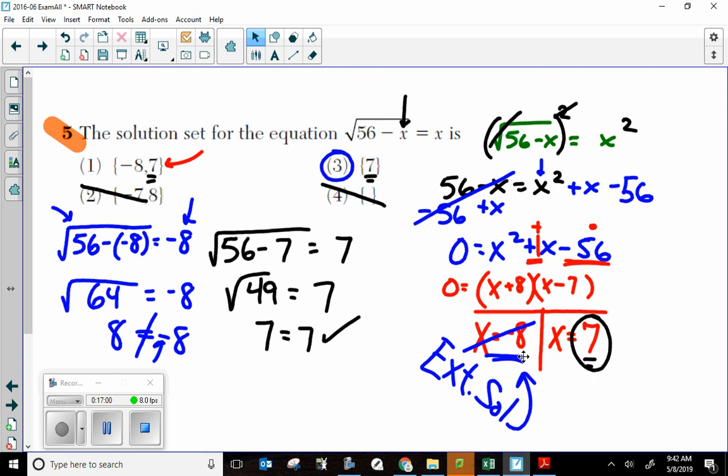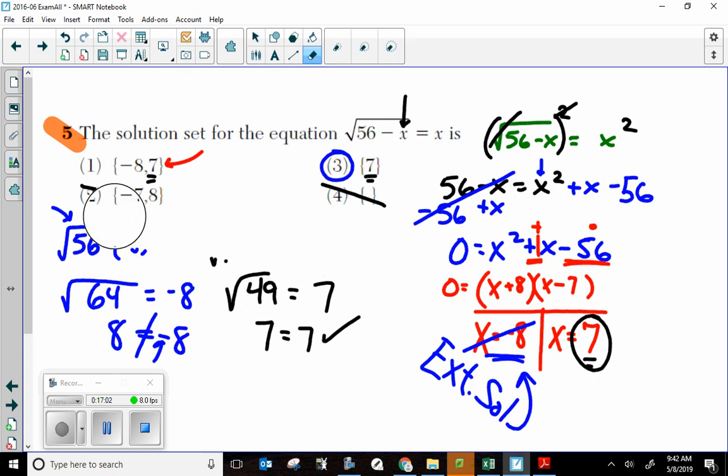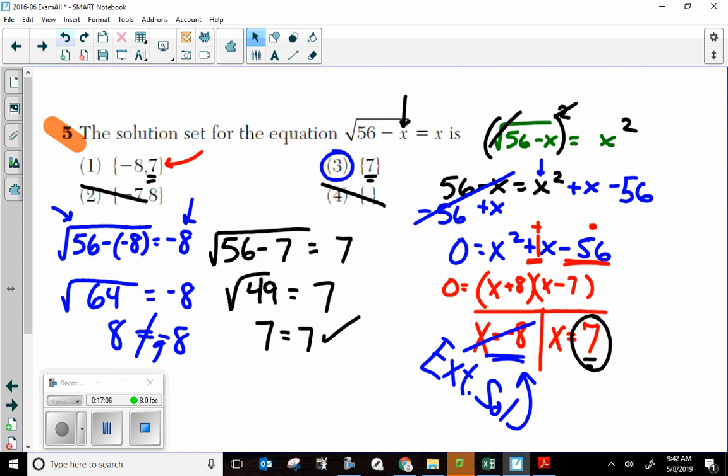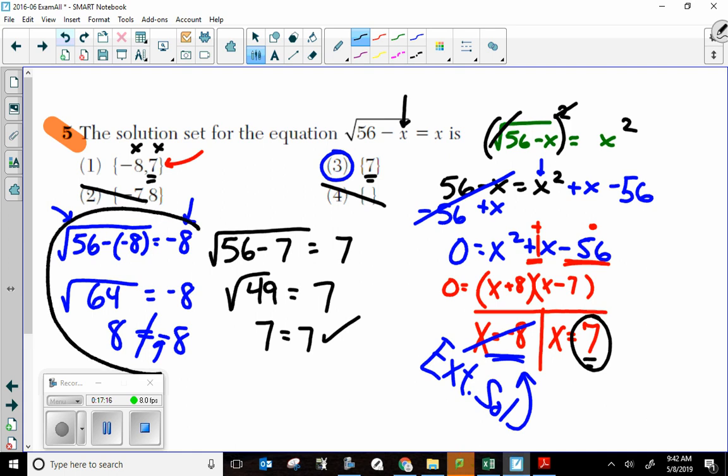First off, I'm going to erase some things here. I could have just tried this. I could have plugged in the answers: x is negative 8 and x is 7. That's really what I did when I checked. If I know by plugging in negative 8 it doesn't work, I know 1 can't be an answer.